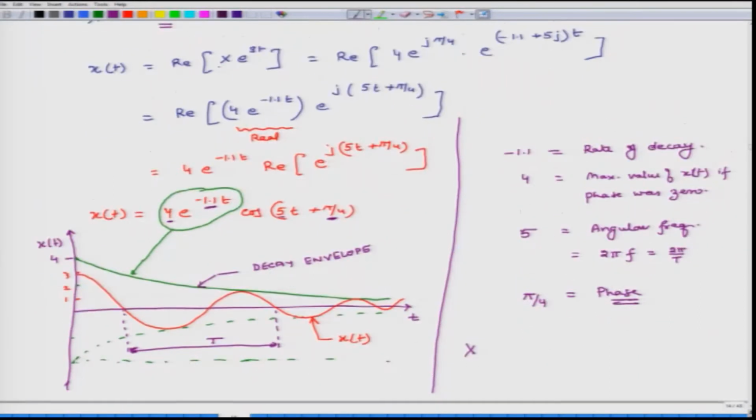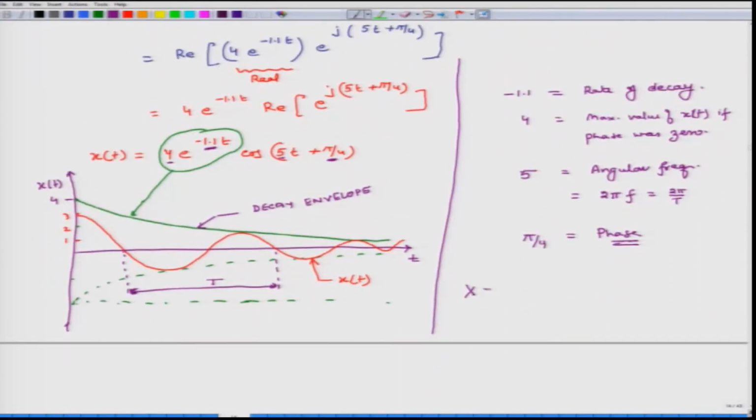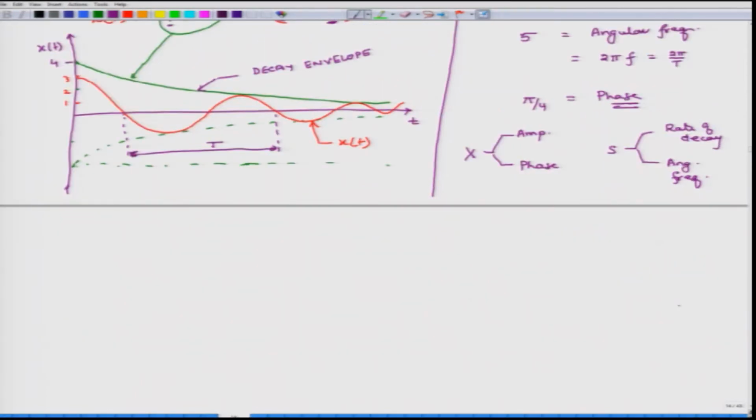So, x tells us about the amplitude and the phase of the signal, and s tells us about the rate of decay and angular frequency. So, this is important to understand.